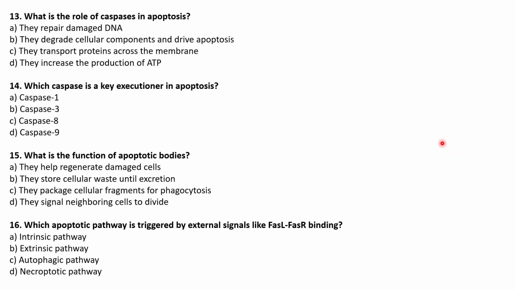Yeah, so you're right. It's evident that it's the extrinsic pathway. You can have these death domain containing receptors bind to their cognate ligands, and those are external signals that can trigger the extrinsic pathway of apoptosis. Okay, glad that that's clear.